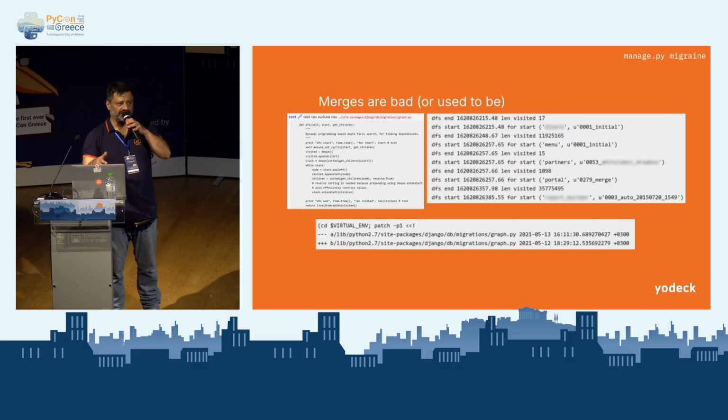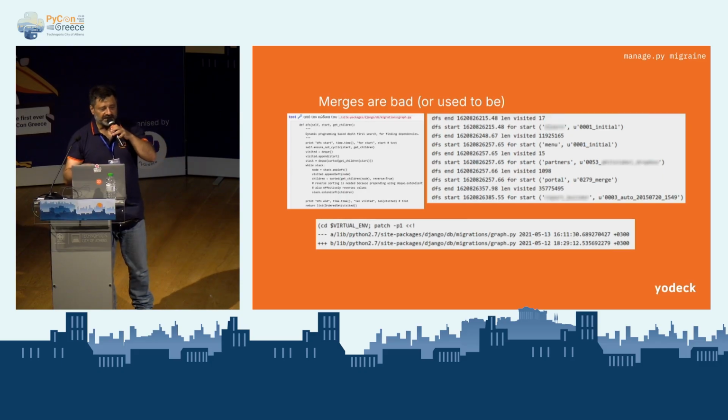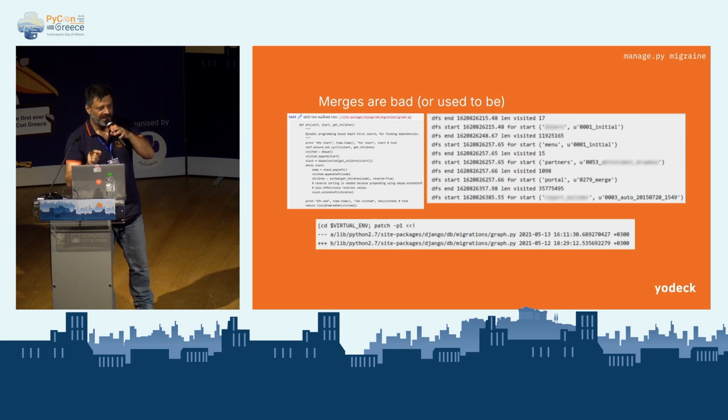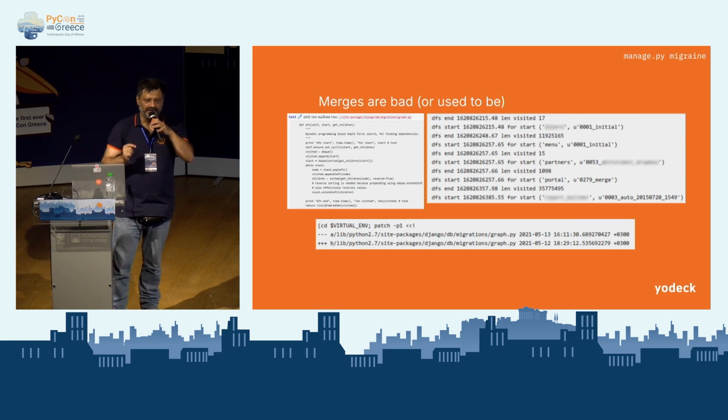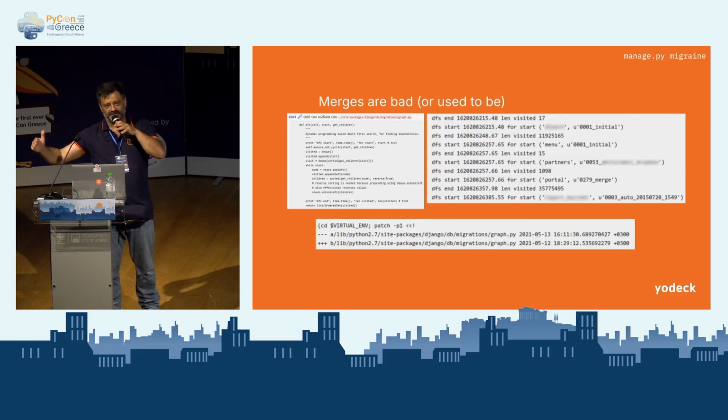And we used to have a lot of merges because we had a lot of parallel development. The thing is that with many merges, especially if you had references from one Django application to another, that algorithm used to inefficiently count all possible paths in a list.